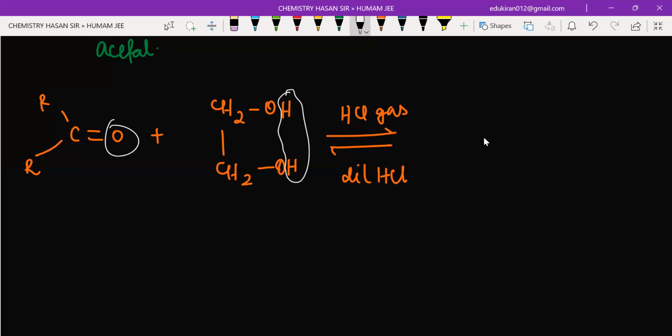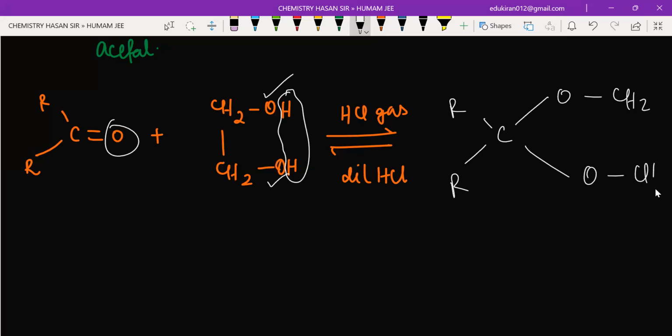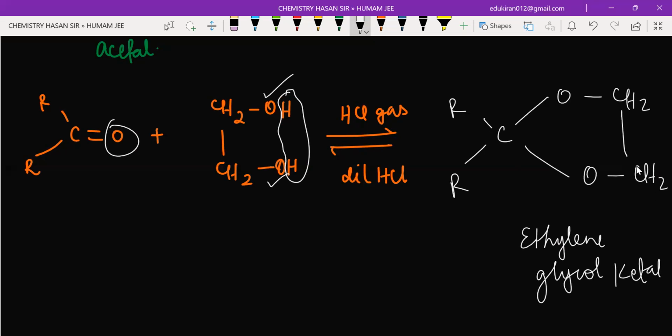To understand, I'm going to only tell you like this. And R is there. And this will be directly connected with this oxygen, which has CH2, and this oxygen, which has CH2 like this. And you know the byproduct will be H2O. Right.